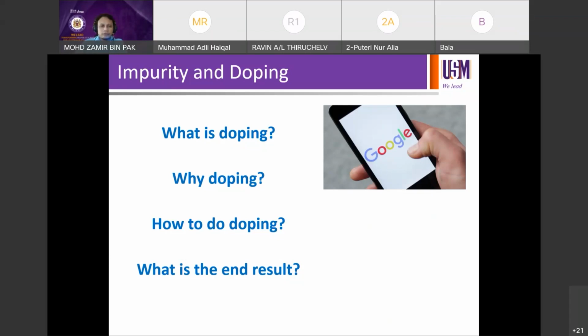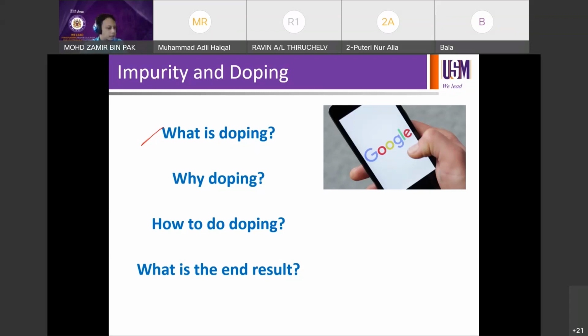I want you to search the first question, and perhaps you'll find the next question together with the answers on Google. So can you check what is doping? And then why do we do doping? You can just Google search doping for semiconductor, because doping is for some other stuff as well, right? So try to check what is doping.